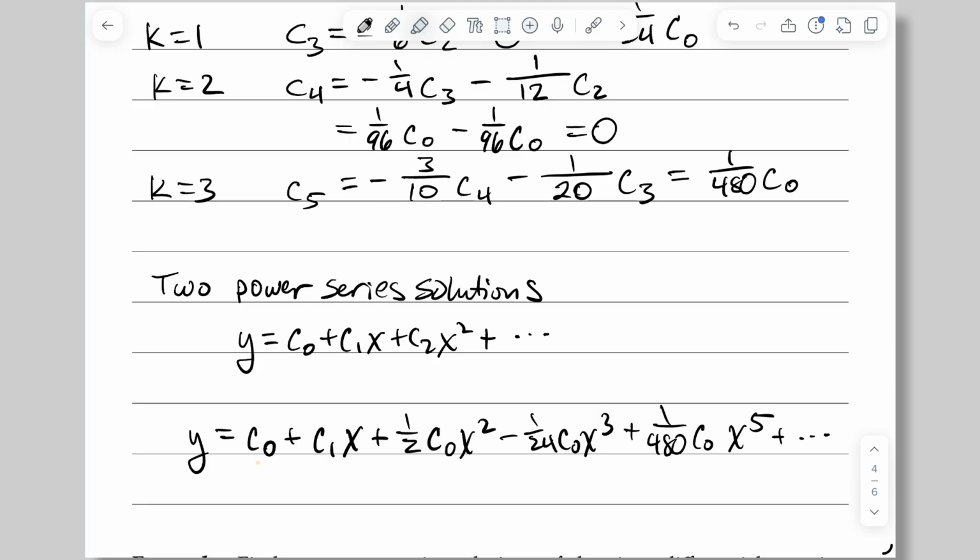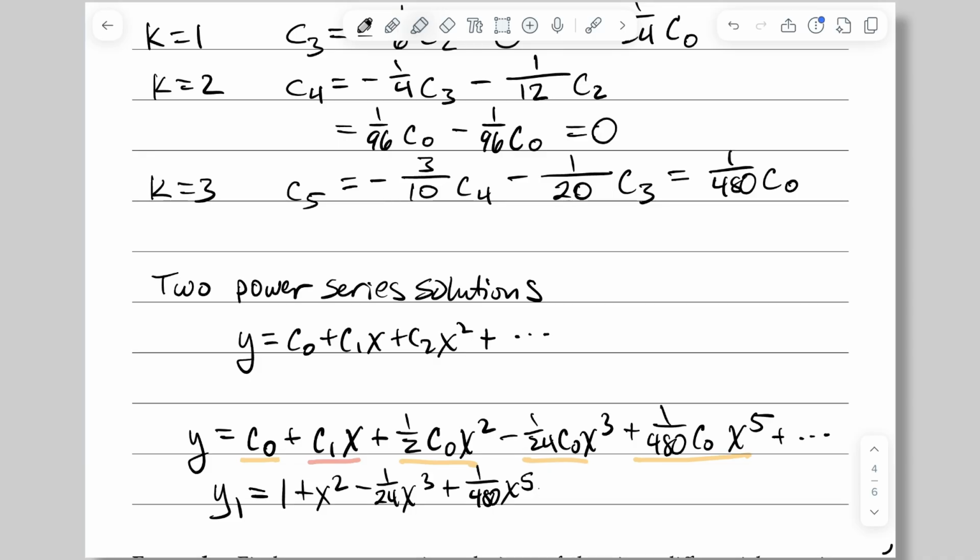Divvying things up the way we did before, I see several terms that have C sub 0, and I see one term that has a C sub 1. What that means for us is that y1 is equal to, if we were to factor out the C sub 0 and then pull apart the superposition solution, y sub 1 is equal to 1 plus 1/4 x squared minus 1 over 24 x cubed plus 1 over 480 x to the 5th.